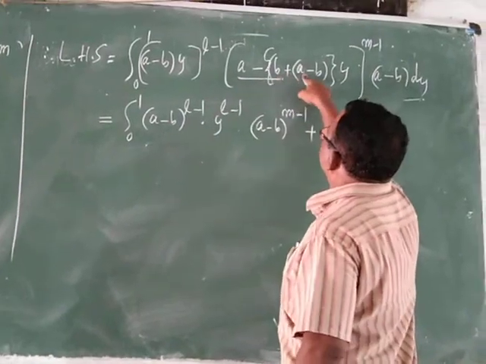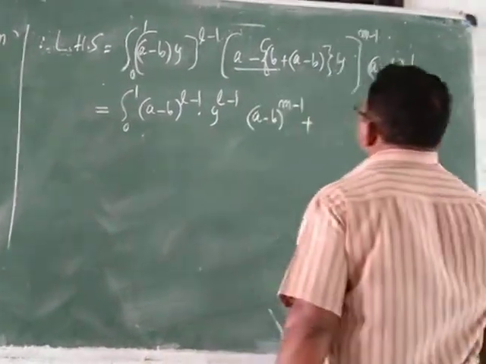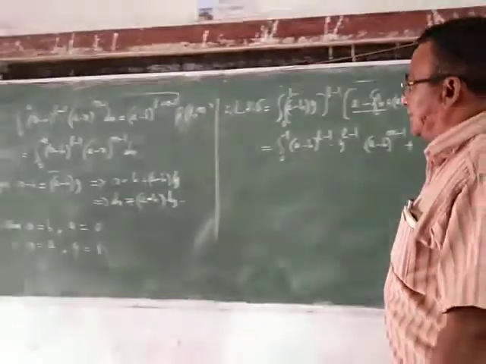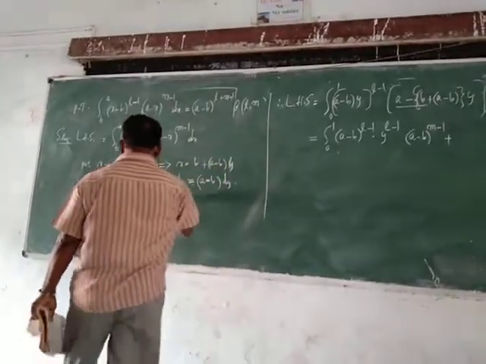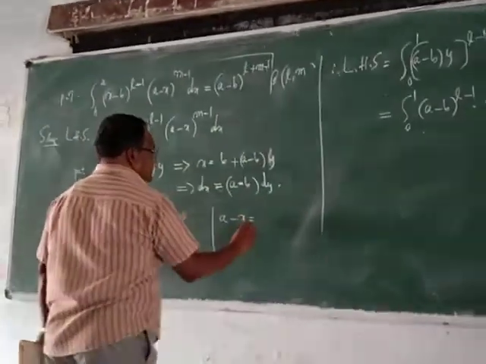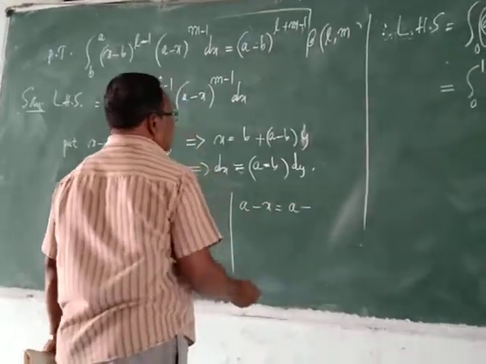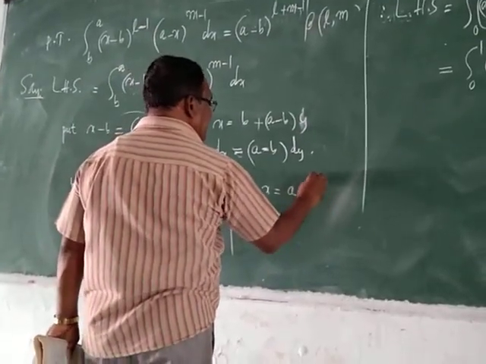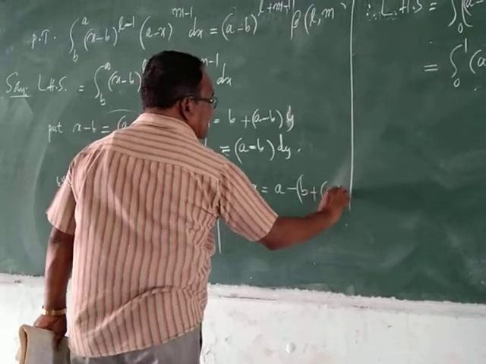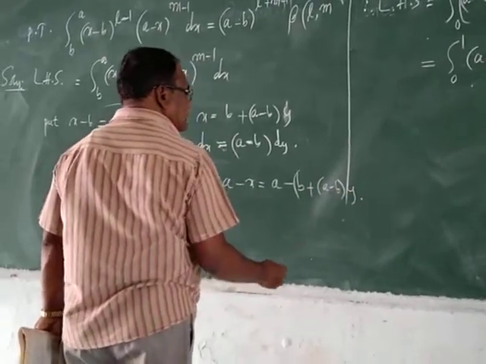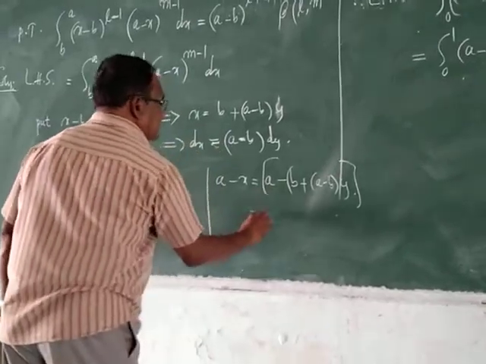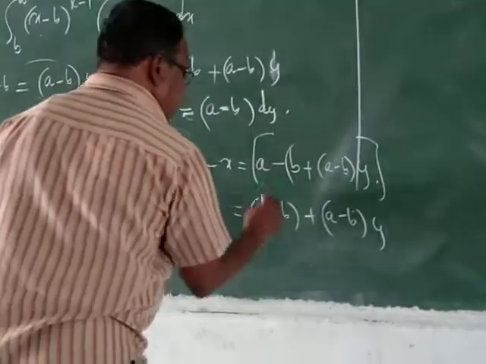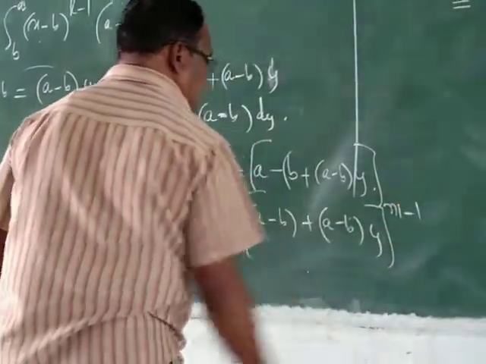Minus b, this is minus a. What would be your a minus x? A minus x is a, you write it as it is, minus x, which is b plus (a minus b) into y. This can be written as (a minus b) plus (a minus b) into y, whole to the power m minus 1.